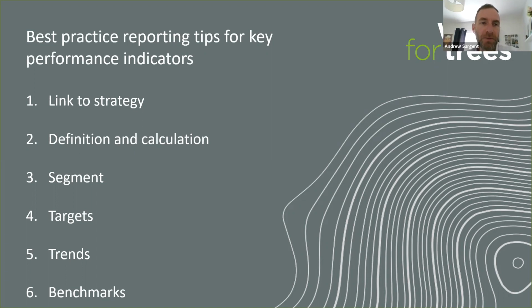The second key thing is to define them really well, so that people are aware of what it means. Back to the point we made earlier about the active file, or what's our definition for that, how is that calculated?